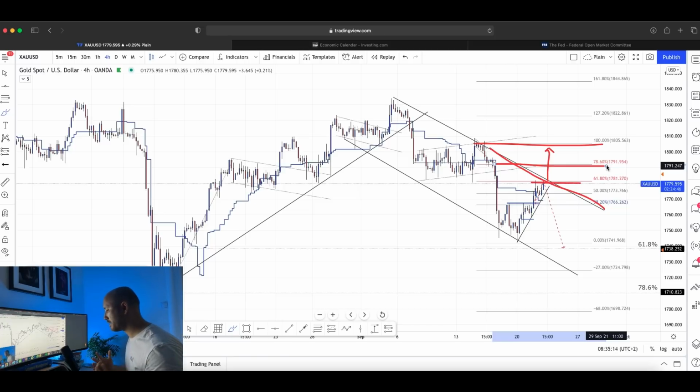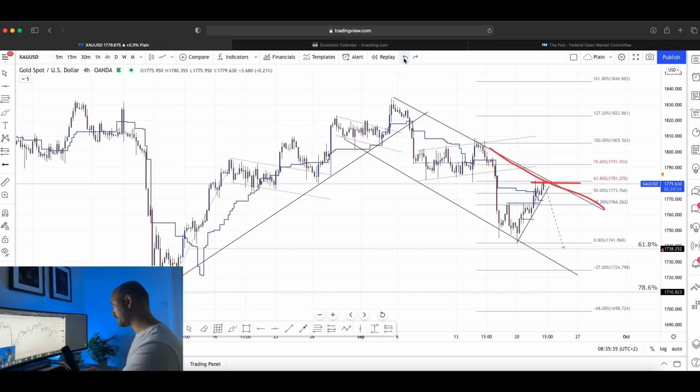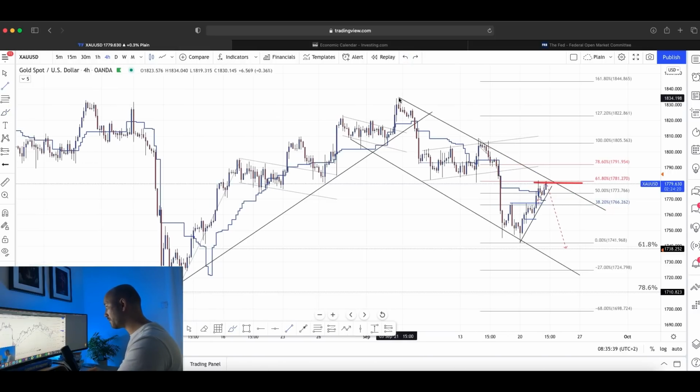So I ask the question, is it possible that price is going to go up to the 78.60 at 1791 and then melt? Absolutely yes. And this is why risk management is important. This is why you should not risk anything more than 2 to 3% on any given position, because if price comes back up to the 78.60 level at 1791, that is a valid entry level again.